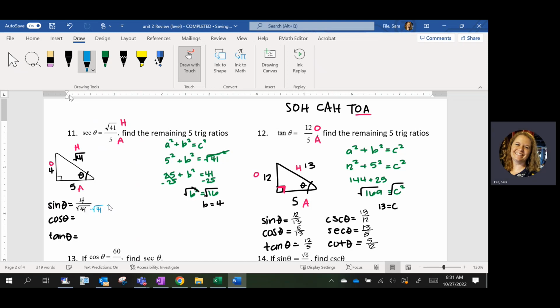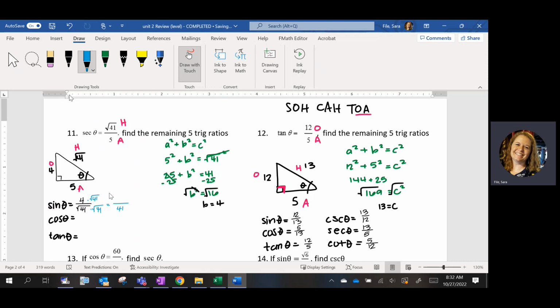So the whole point in doing that is that I've just got 41 in the denominator now. The square root is gone. But what you do to the denominator, you also have to multiply to the numerator to keep the ratio the same, because square root of 41 over square root of 41 technically is just 1.